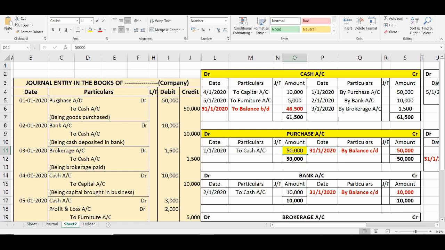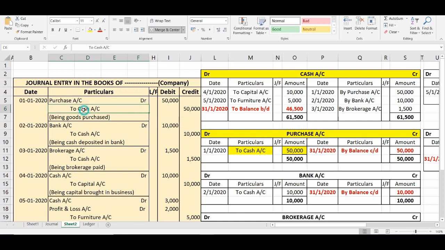So for example, in the purchase ledger, 50,000 is on the debit side as per the entry, but that will be named after cash account. So cash account 50,000 will come in the debit side of purchase account.